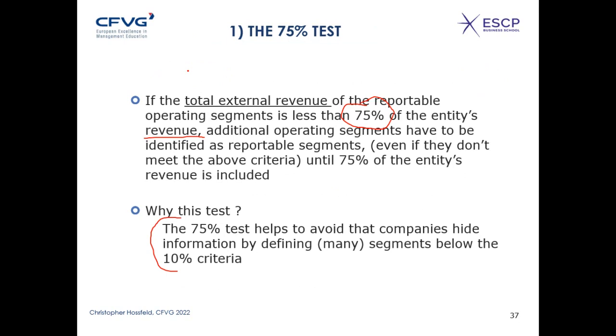That applies even if no segment meets the 10% test. Then I need to take smaller segments and present them individually. So the 10% test identifies the big segments, then the big segments need to be presented. If they cover more than 75% of the revenue, we are good. If they don't cover 75%, I need to identify additional smaller segments in order to get up to the 75%.